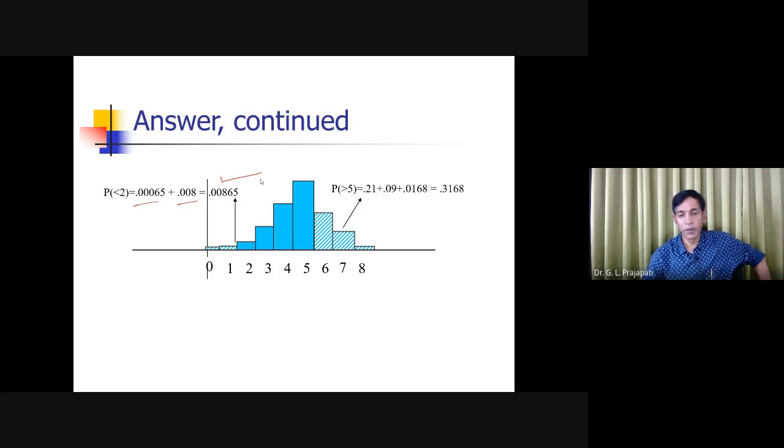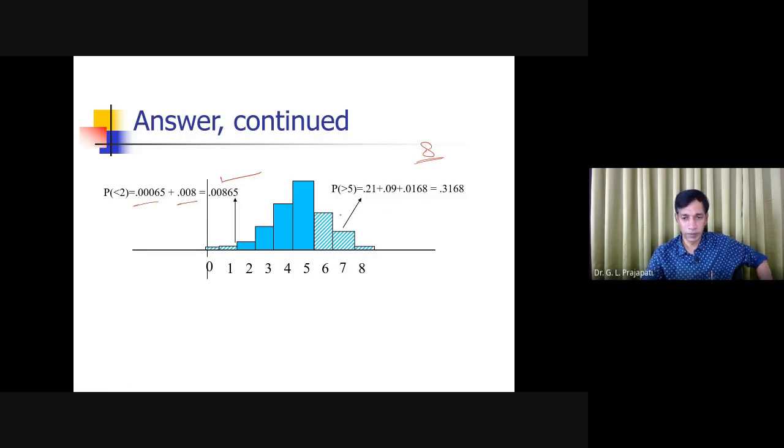Similarly, for the probability of the number of smokers being greater than 5: out of 8 people suffering from lung cancer, we need to determine the probability that more than 5 people are habitual smokers.